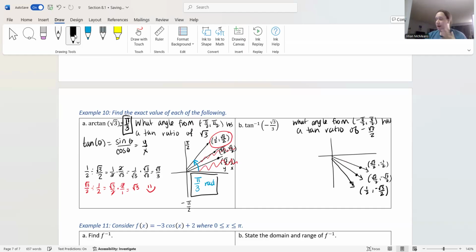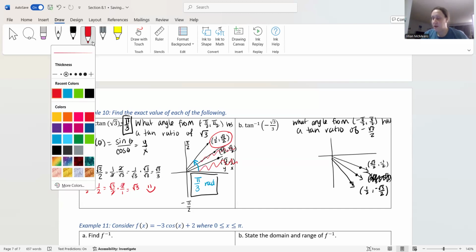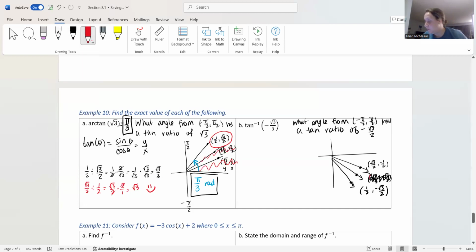Okay, so we can kick out one of these right away. We know it's not going to be negative 45 degrees, because that one has a ratio of 1. Now, if we go over here to the work that we already completed for part A, we know that when we have a y coordinate of 1/2 and an x coordinate of root 3 over 2, we get a ratio of root 3 over 3.